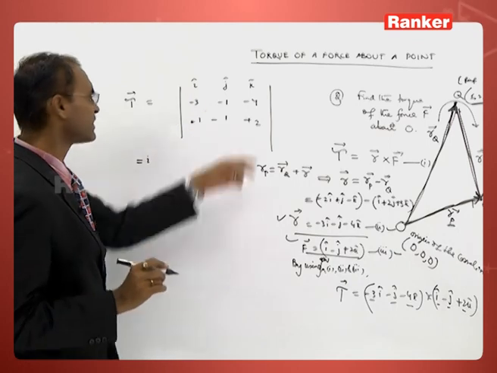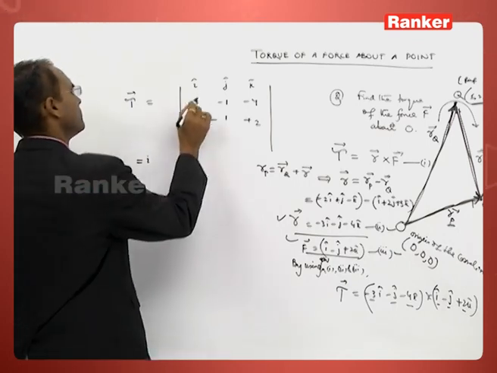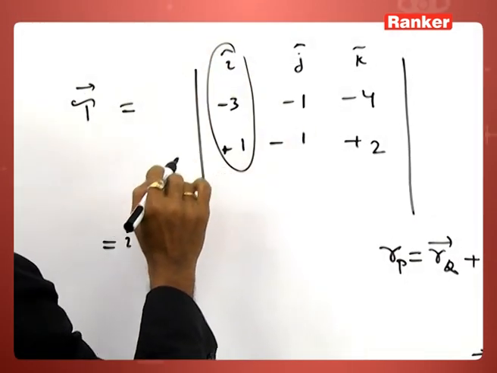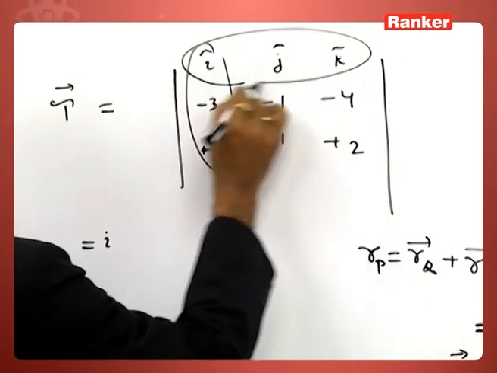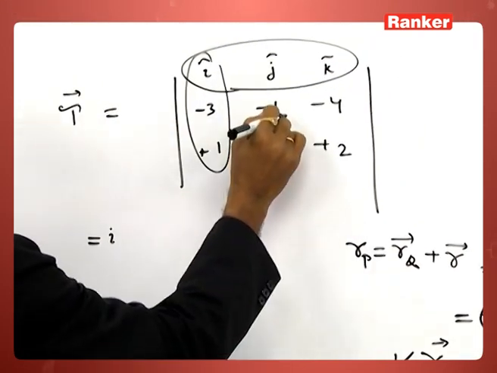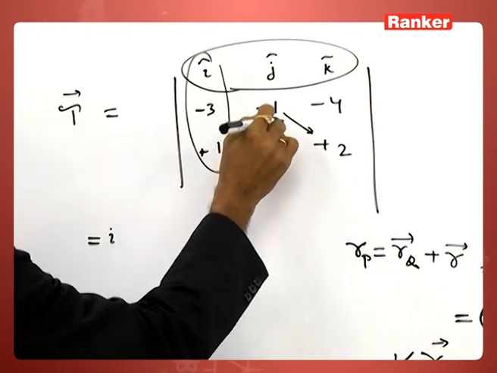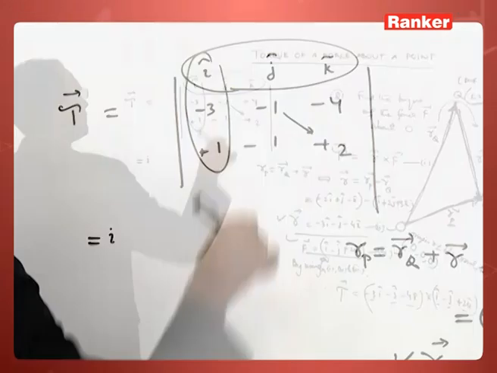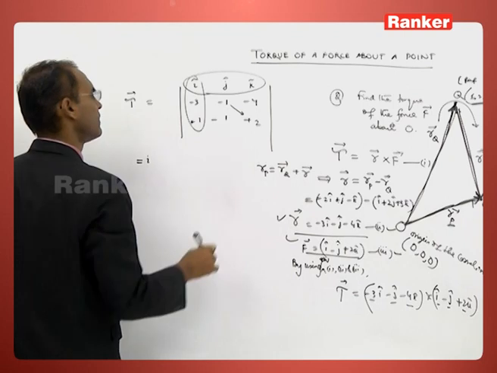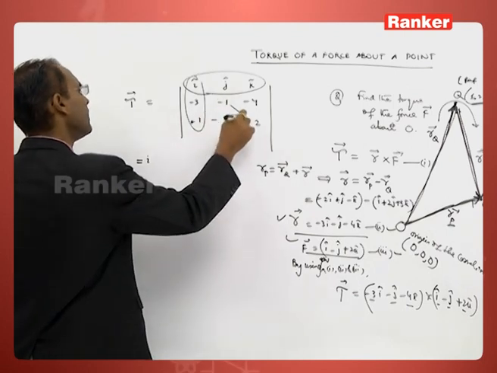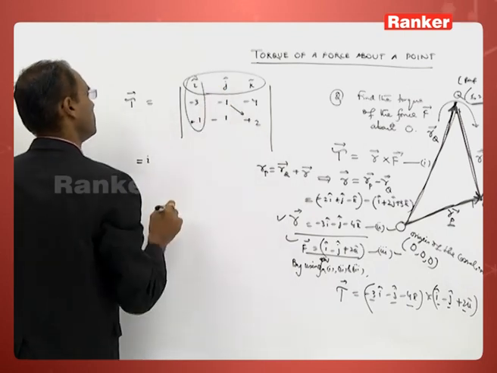You may know how to expand the determinant. Leave this column, leave this row, and start from left-hand side to right-hand side, from top to bottom.